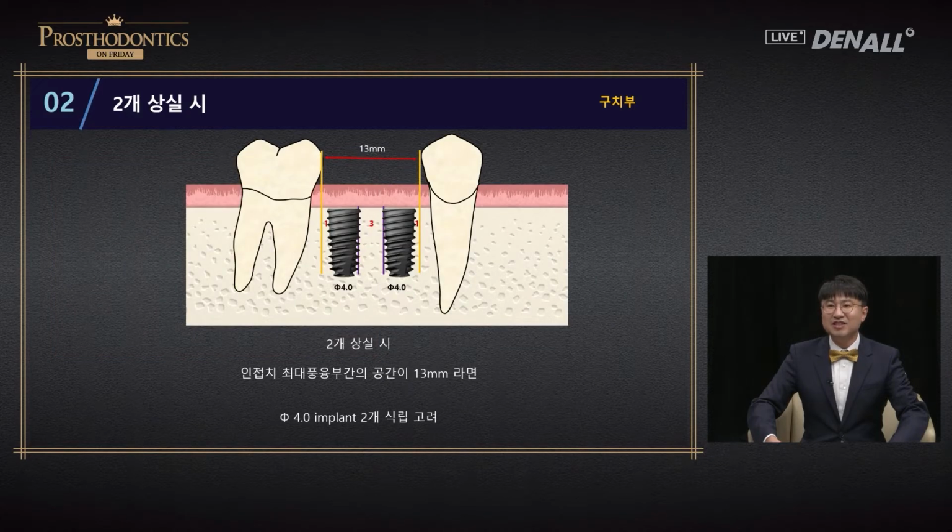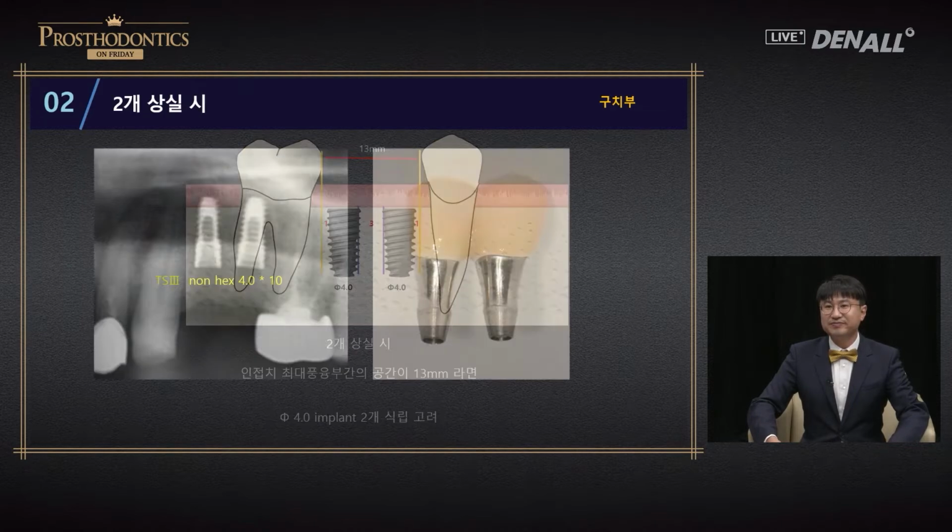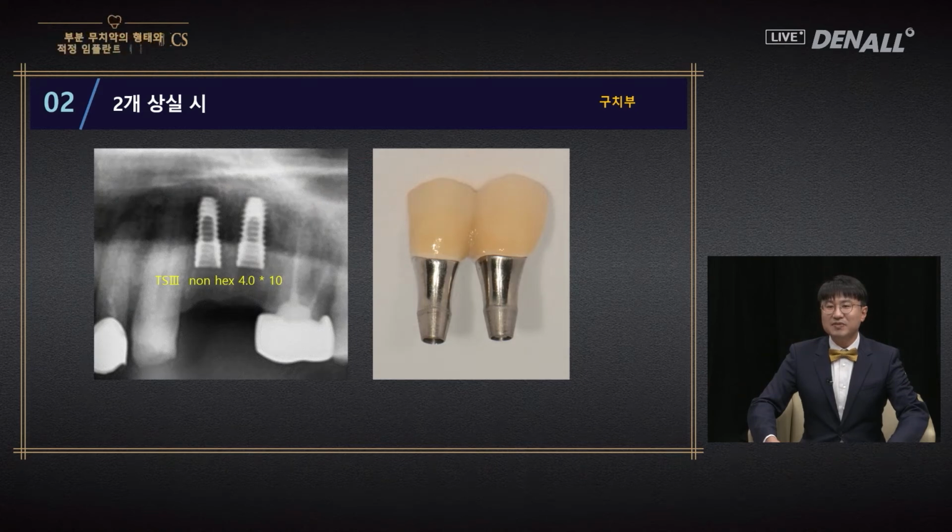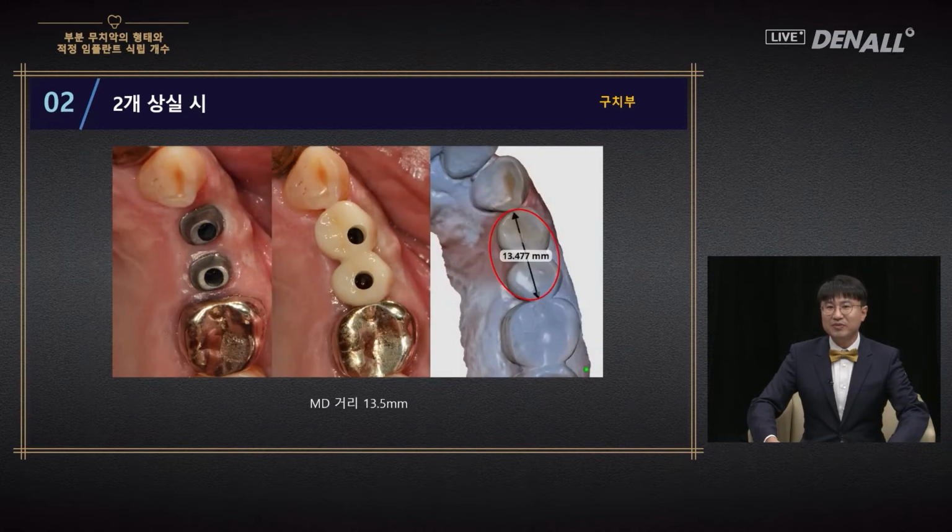If there are 2 missing teeth and the distance between the 2 adjacent heights of contour is over 13 millimeters, I would just place 2 implants of 4.0 diameter. I did space analysis where there was sufficient space between adjacent teeth and fixture and the embrasure was sufficiently secured. The MD distance was 13.5 millimeters.